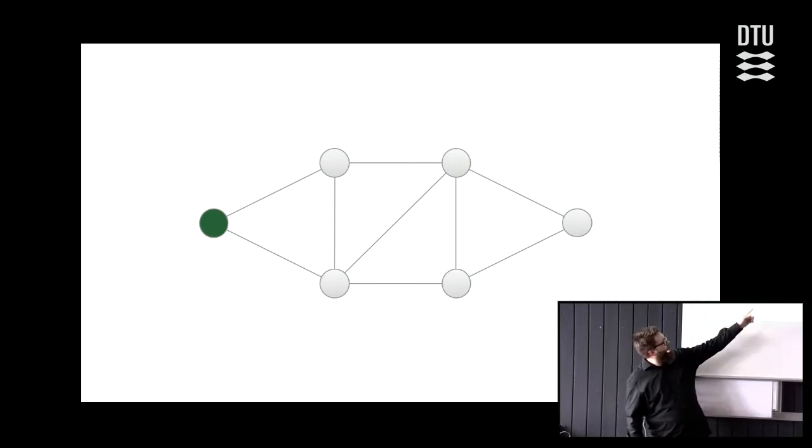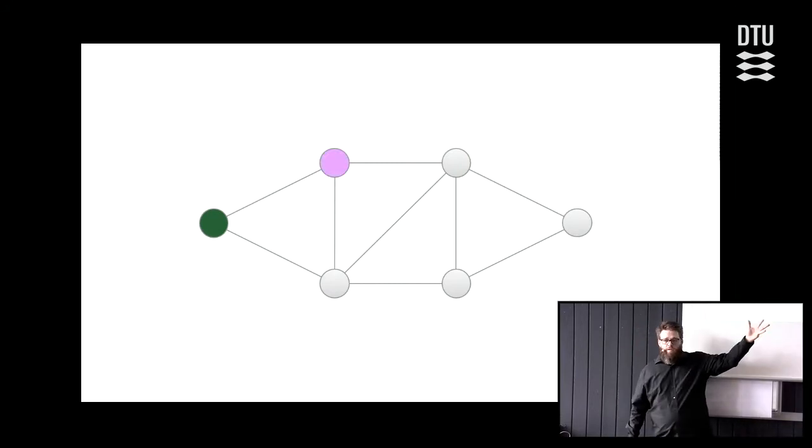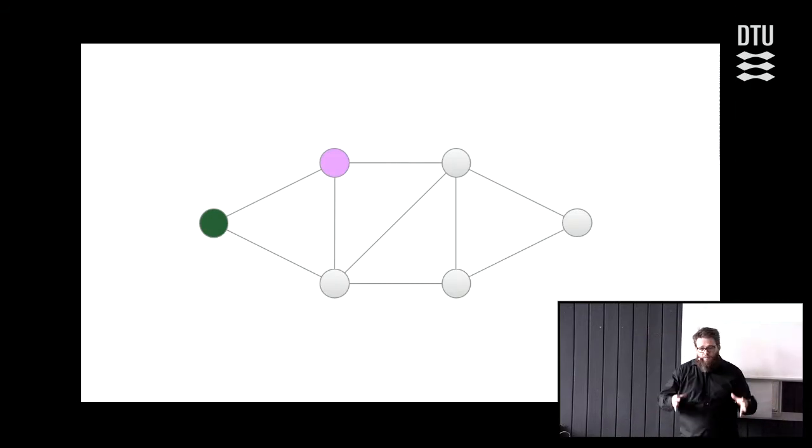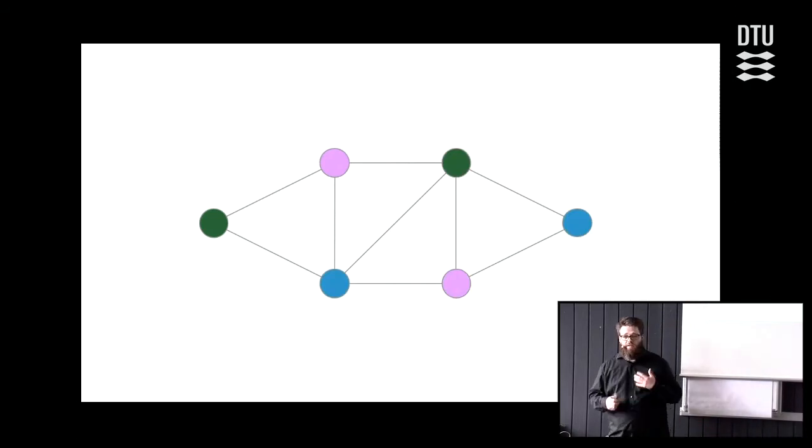And if I have two nodes connected by an edge, I cannot assign them the same color. I'm not allowed to do that. And the idea is I have a limited number of colors, and I need to color the entire graph such that this property holds. And in general, this is a hard problem. Very, very hard. It's one of the hardest problems we know in math.